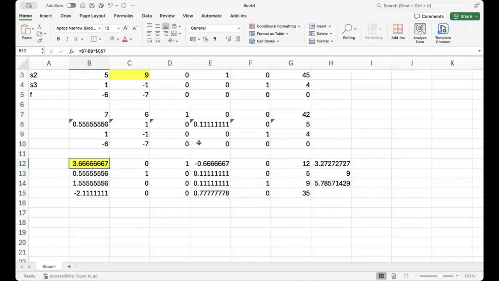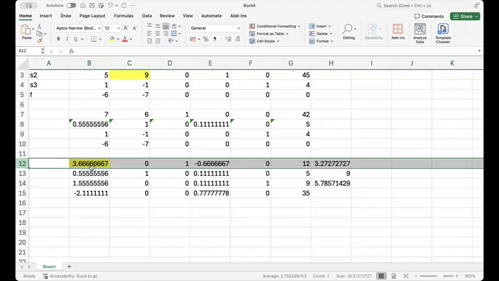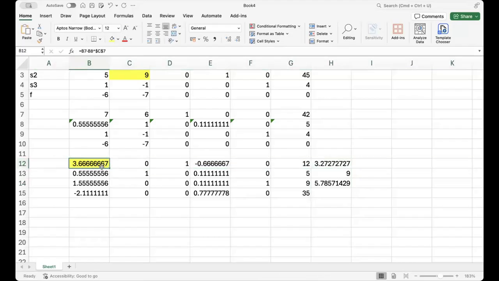The next table, you just copy it first and then divide the whole row by this element. Okay, so you get 1 at this position.